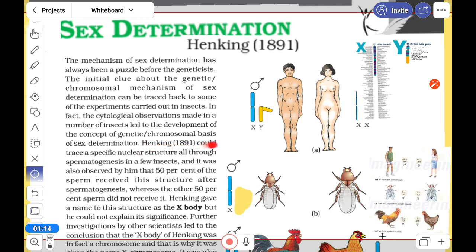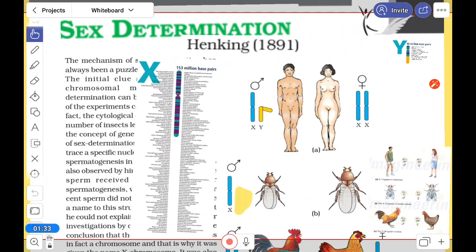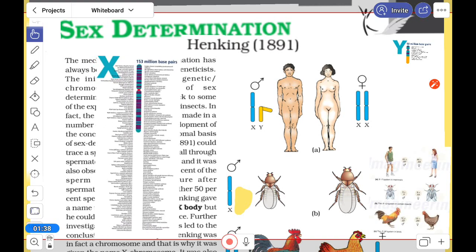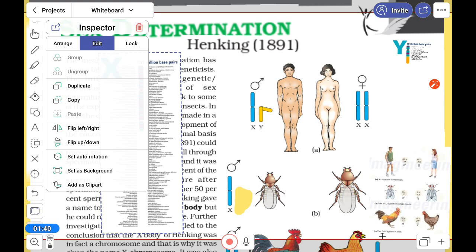So the chromosomal method of sex determination means that sex is determined by the sex chromosomes X and Y. Let's know that the X body, afterward we know, is the X chromosome.